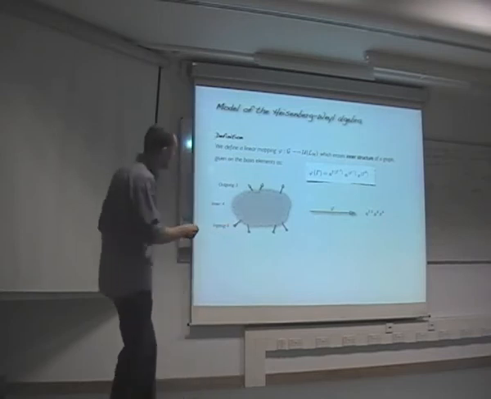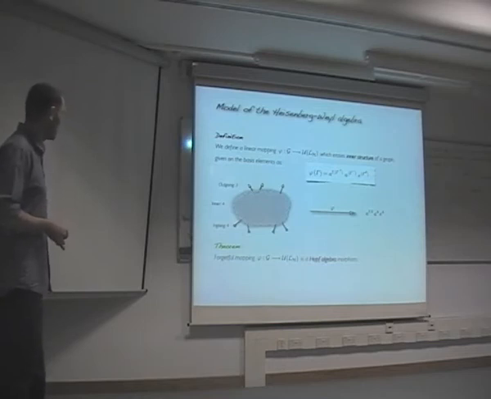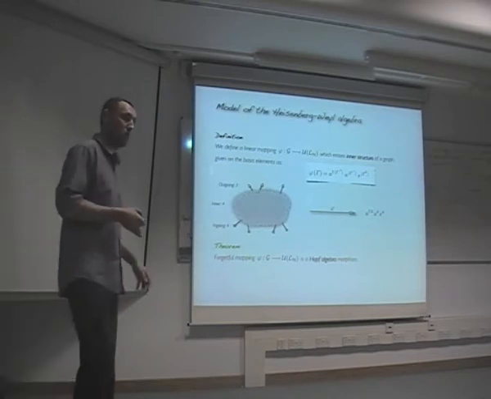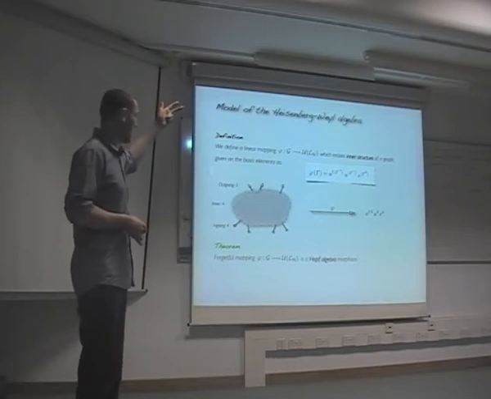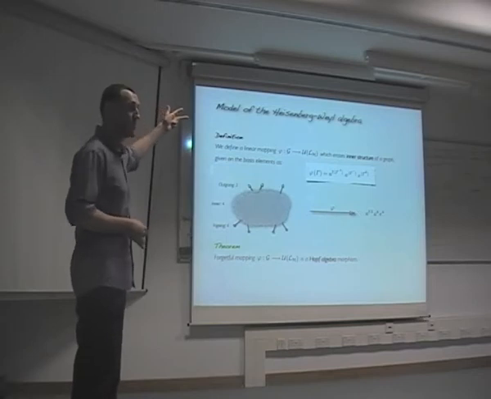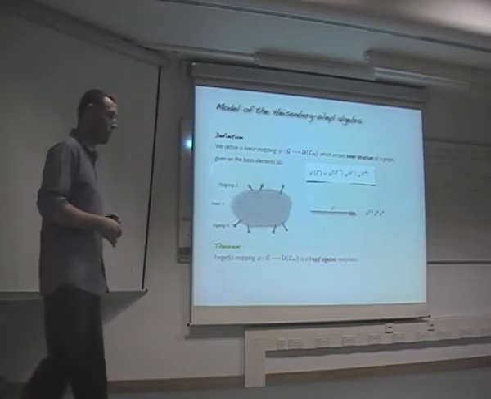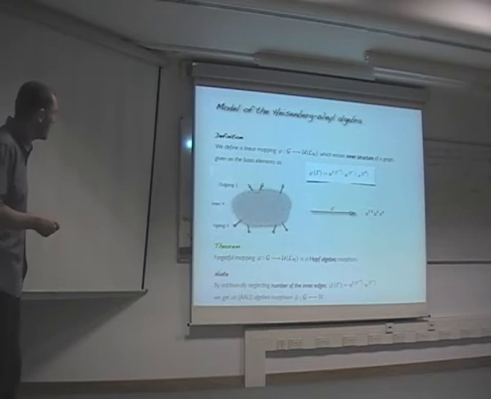So here's the definition in general. And here's the general theorem that this forgetful mapping, which forgets about the inner structure of the graph, is a Hopf algebra morphism. Multiplication, co-multiplication, and antipode are preserved by this morphism. So here's this theorem. Here I knew how many lines go out and go in, and I knew how many lines are inside.